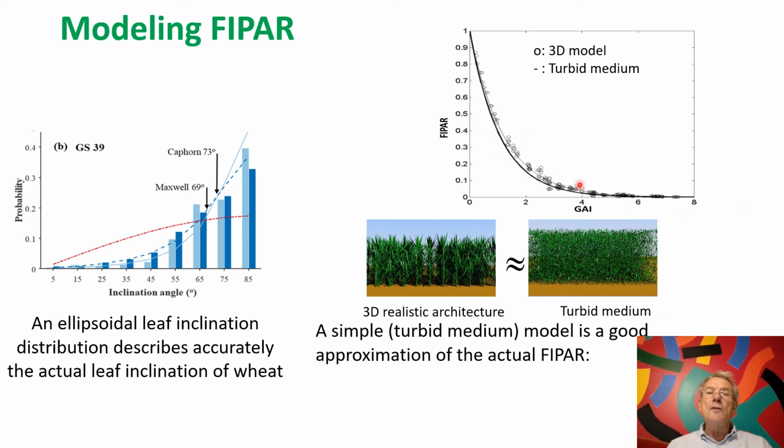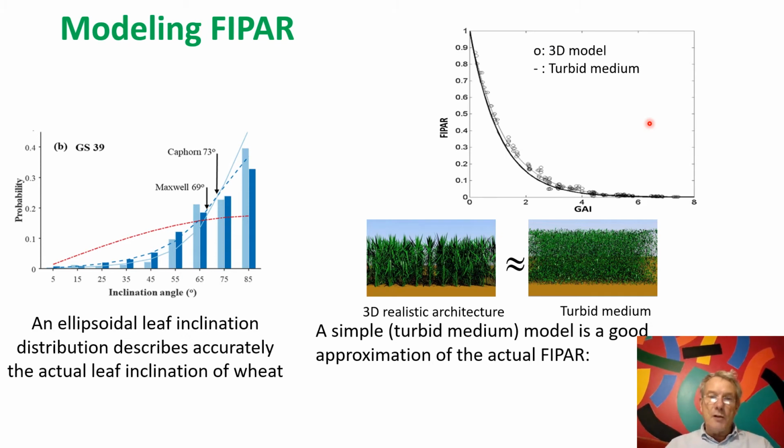You can see here the relationship between the fraction of intercepted radiation and the green area index in the case of the turbid medium, which is the solid line, and in the case of the 3D model, which represents a very realistic wheat canopy architecture.